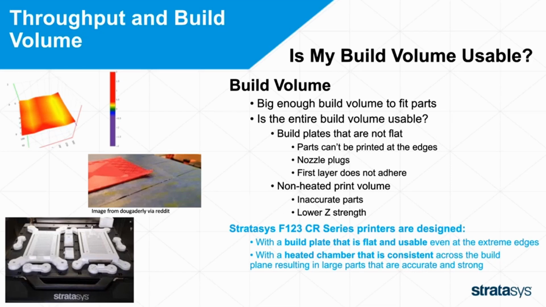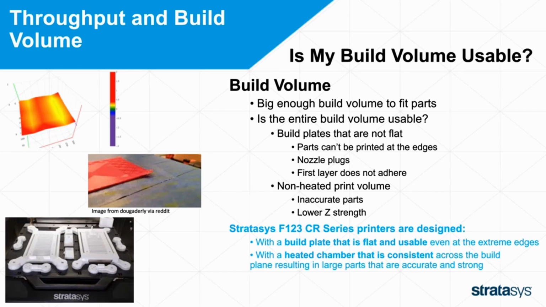Build plates are not flat a lot of times. If you look on the left, that is a scan of a build plate, and you can see that it's higher in the center and there are low spots in it. You would have trouble printing over that entire area. There's a sweet spot in the middle, but outside of that, the parts are not going to stick.